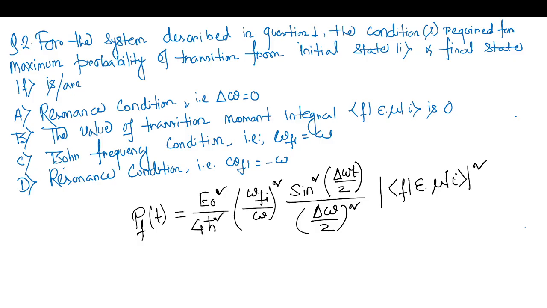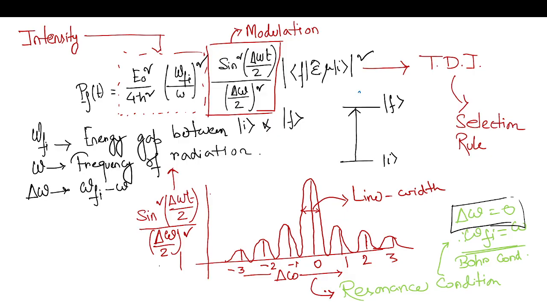The resonance condition is one, the value of the transition moment integral. The transition moment integral says whether the transition is possible or not. If the transition is not possible, then the question of resonant or non-resonant for the probability of transition does not arise. So this is a wrong answer. Now, as I mentioned here, the resonant condition is also known as the Bohr frequency condition.